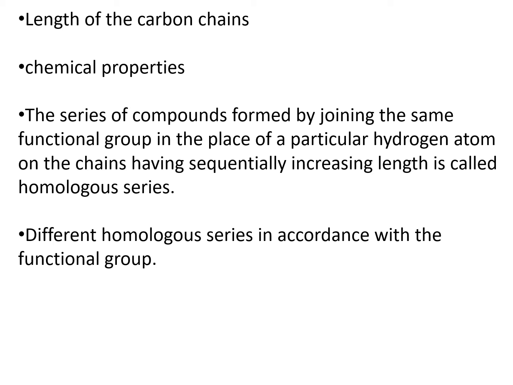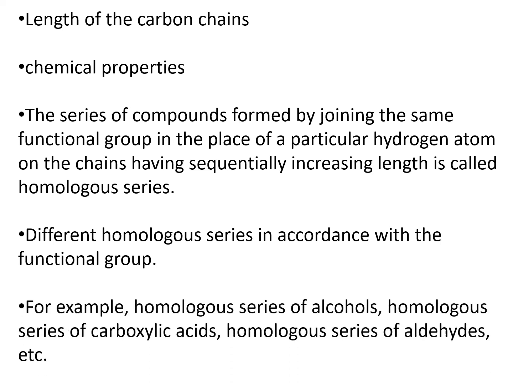For example, the picture I showed was the functional group for alcohol. Similarly, I can have the functional group for carboxylic acid, aldehyde, ketones, ester. So the homologous series will change with respect to my different functional group. So we can have homologous series for carboxylic acids, aldehydes, etc., depending upon the functional group I select.